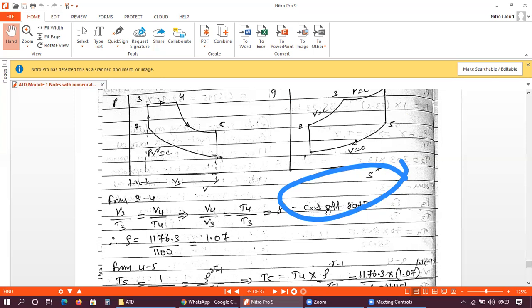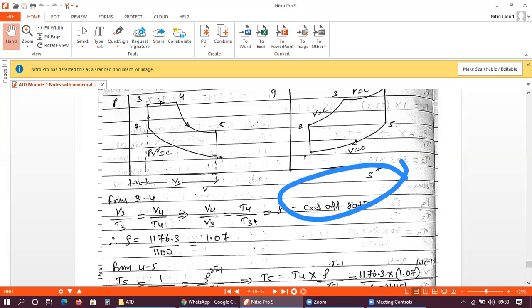You can calculate this cutoff ratio either by taking the ratio of T4 by T3, or by taking the ratio of V4 by V3. Both hold good, depending upon the given data.